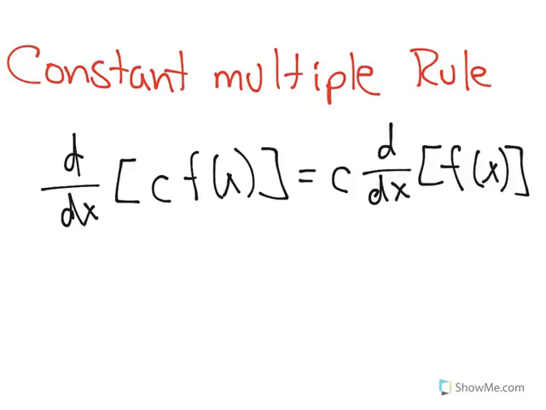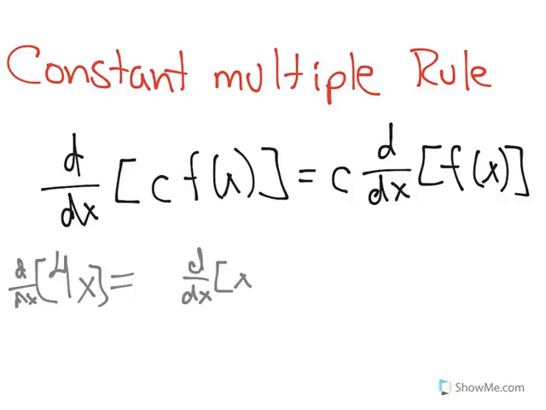What this means is that if you have, for example, 4x and you want to find its derivative, what you could do is just find the derivative of x, and multiply whatever we get times 4.